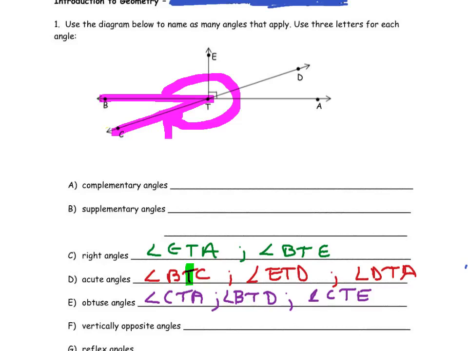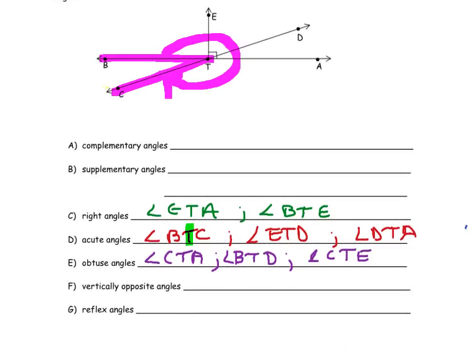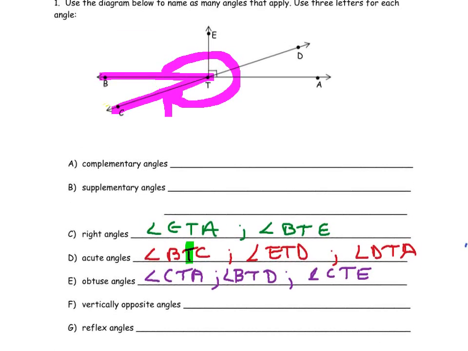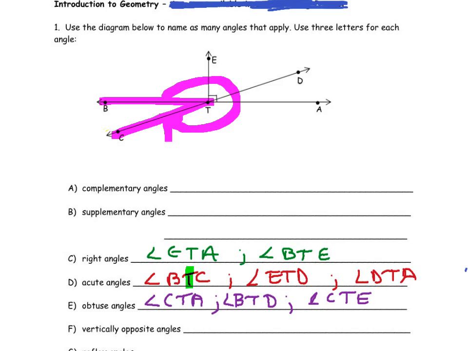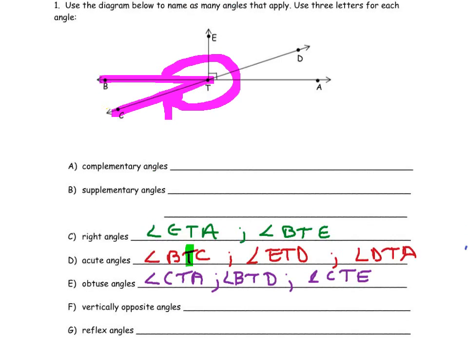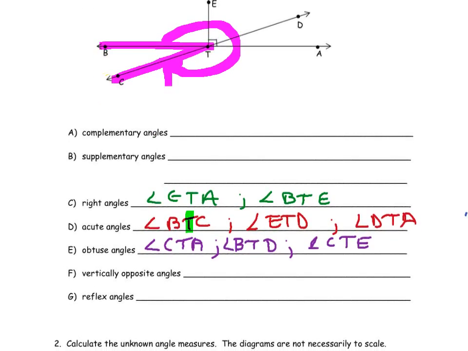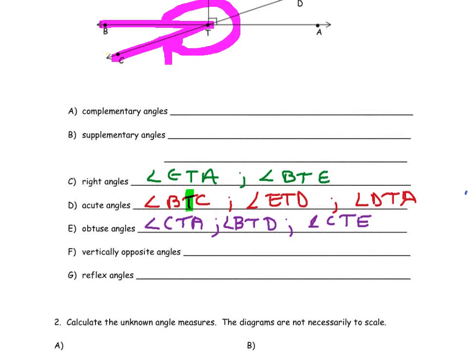To describe a reflex angle, that angle that I drew and traced in pink is angle BTC. But to show that I mean the outside angle, BTC, and not the acute angle on the other side, I must write the word reflex and then the symbol for angle BTC.